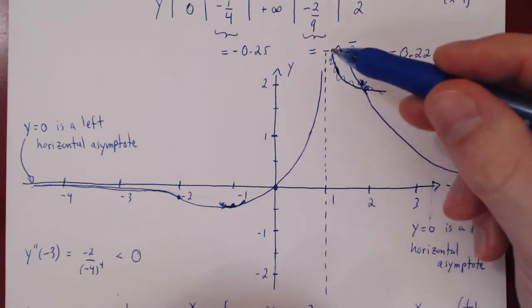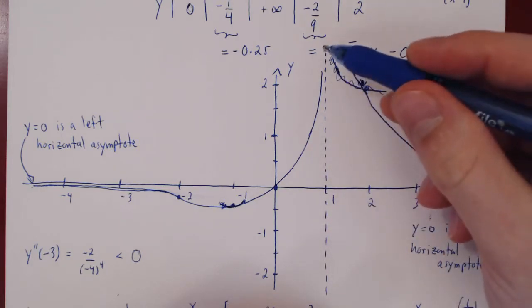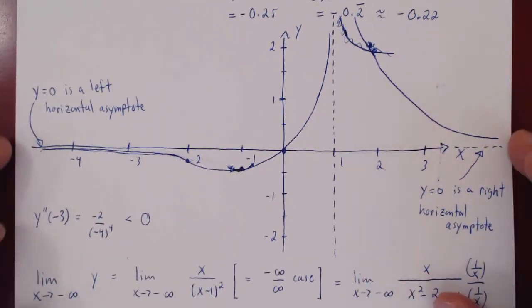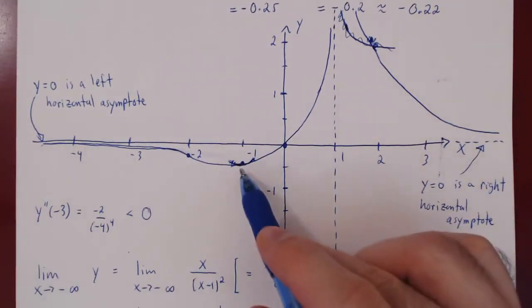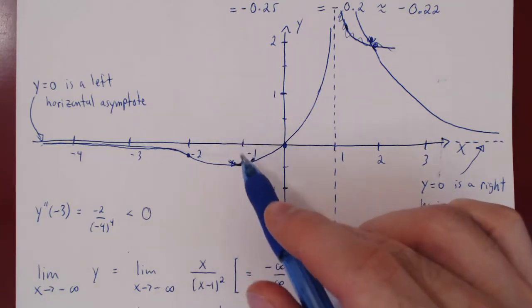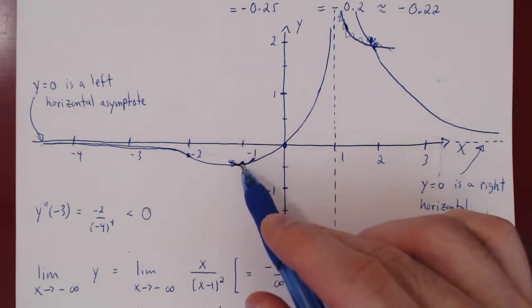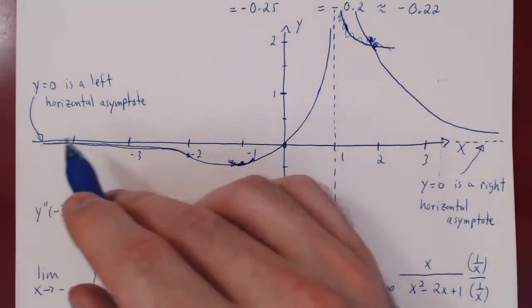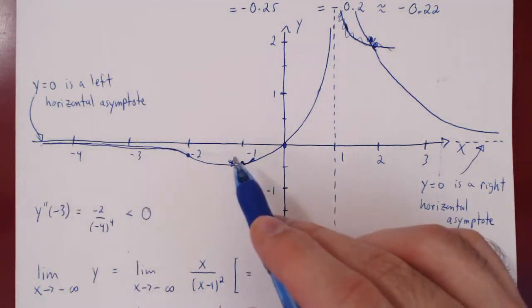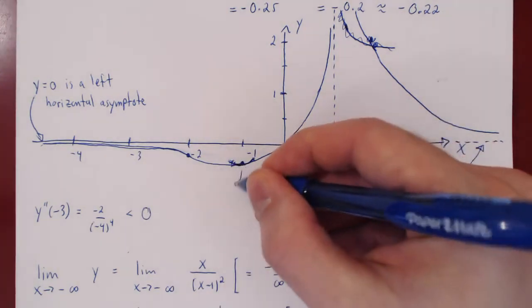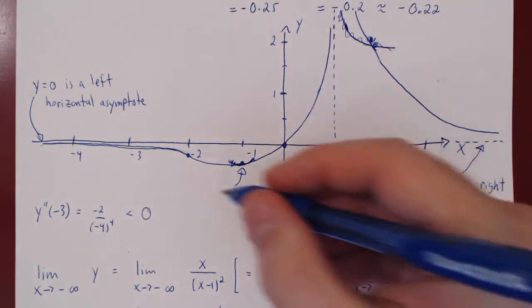Well, clearly x equals 1 is a vertical asymptote. If you look at x equals -1, this was initially classified as a local minimum, but if you look, it also is a global minimum. Nowhere else will the function ever attain a value smaller than -1/4. So this is our global minimum.